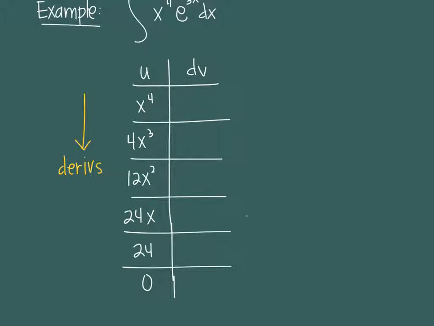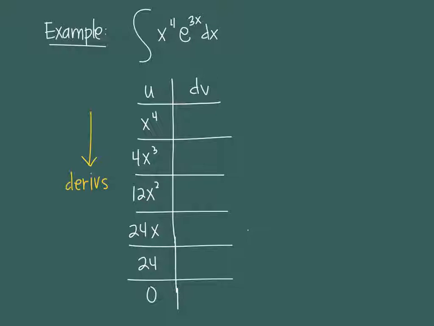The integral column of the table is going to start with e to the 3x. And we do the antiderivative, working our way that direction. So the antiderivative of e to the 3x is what? Well, e to the 3x is divided by 3.